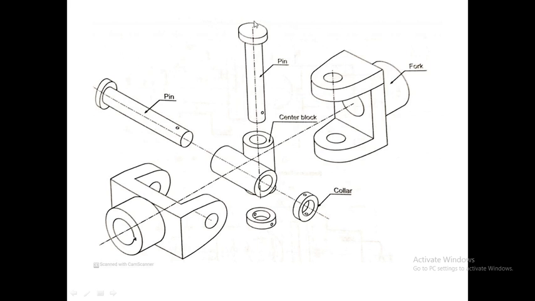Now after inserting these pins, we will lock these pins by using collar. You can see the vertical pin has a small hole at its bottom, and this horizontal pin also has a small hole at its bottom. Now these holes are used to insert the taper pin. First we will insert this pin. This pin will pass through both these holes and this collar, and finally at this end we will insert this collar, and the collar also has these holes.